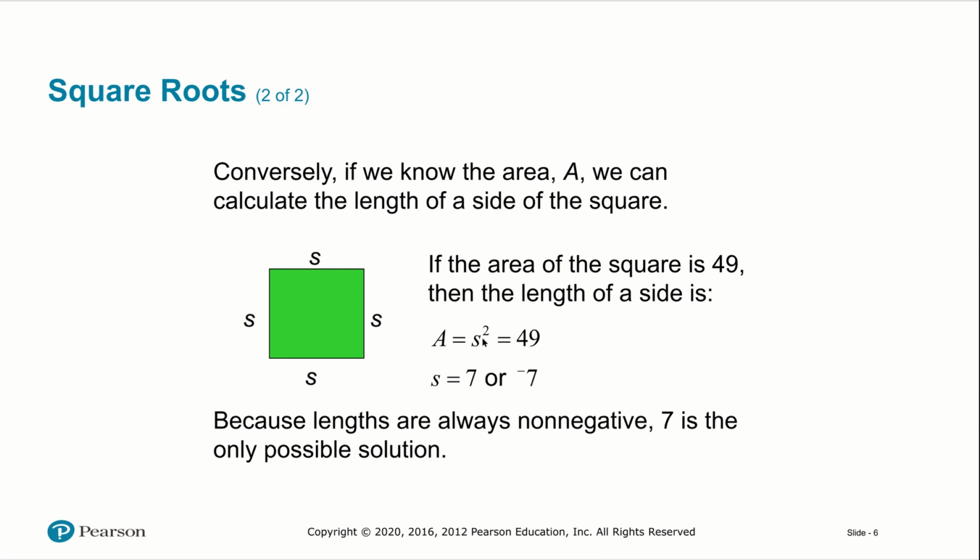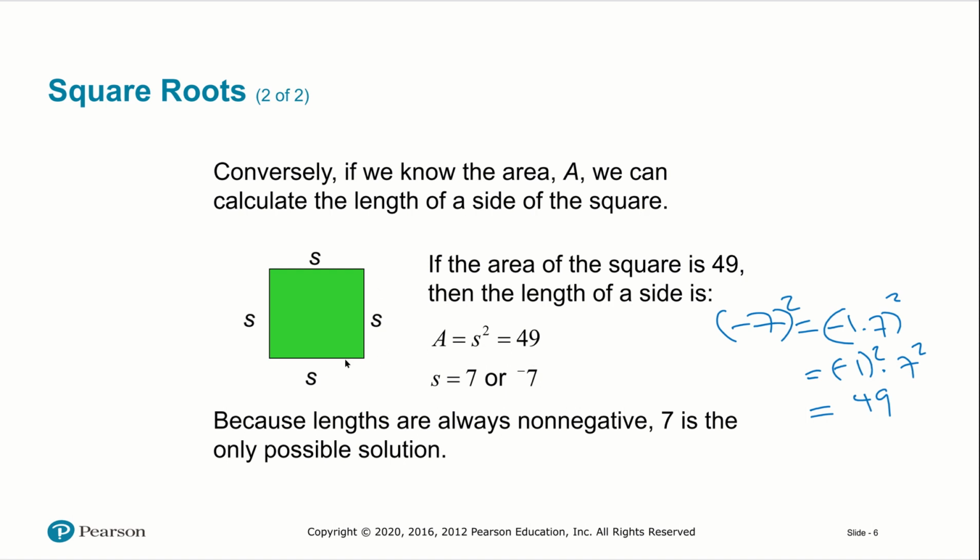You can square 7 to get 49, or you can square negative 7 to get 49, because when negative 7 is squared, the negative becomes positive. It's like saying negative 1 times 7 squared, right? So it's negative 1 squared times 7 squared, so it's 1 times 49, which is 49. So there are two numbers whose square gives us 49.